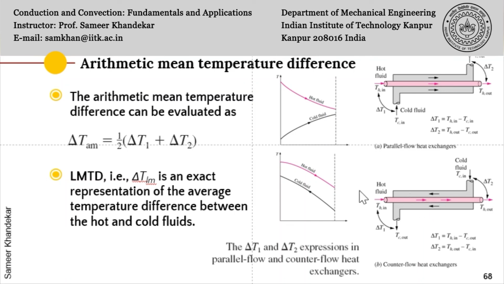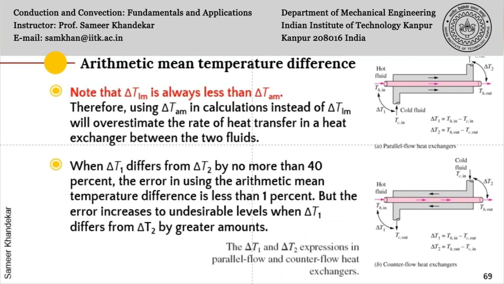Now naturally these temperature differences vary logarithmically in nature. But if the net delta T is not very high, then this logarithmic curve can be substituted with a linear curve, which is the arithmetic mean. But as you will appreciate, as the delta T becomes larger and larger, the arithmetic mean will give you wrong results.